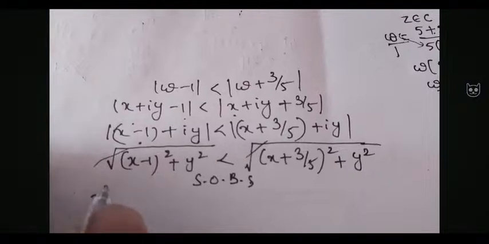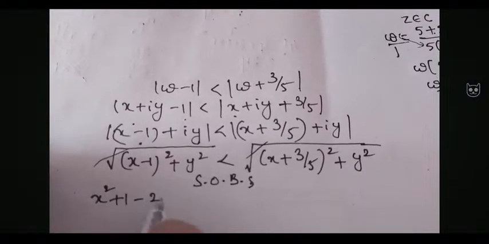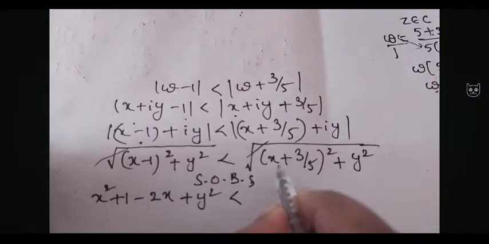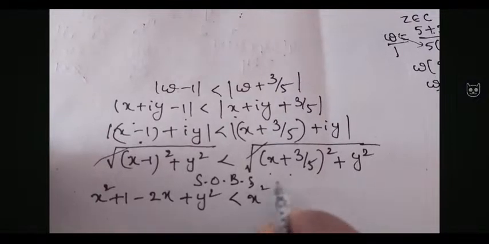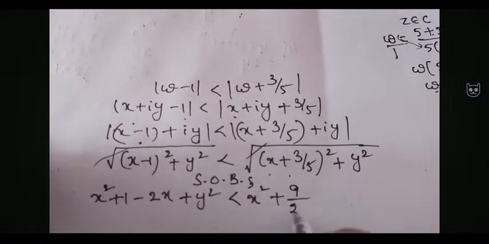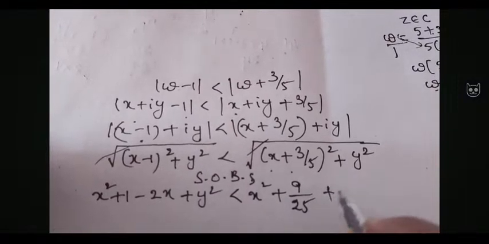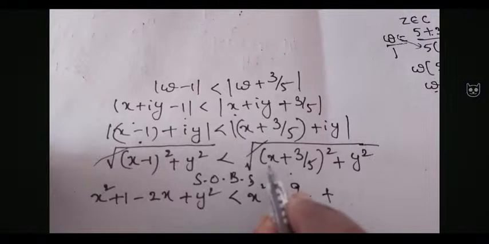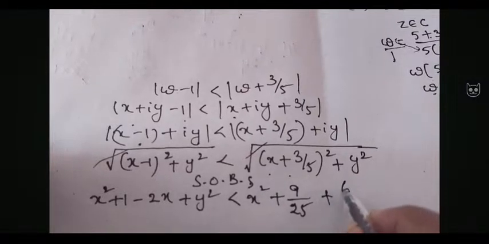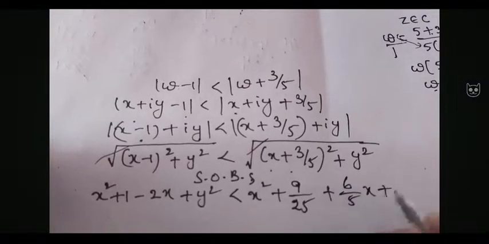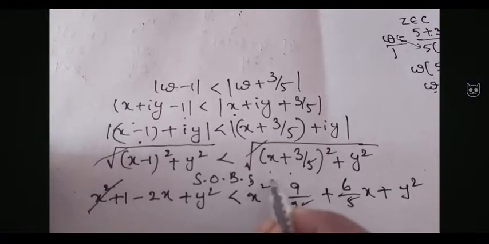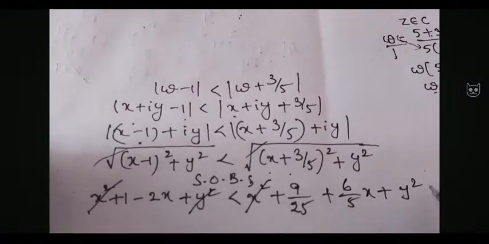That is a minus b whole square, a square plus b square minus 2ab, plus y square, less than, here also a plus b whole square: a square plus b square, 3 square by 5 square, that is 9 by 25, plus 2ab, 2 into a, that is x, 2x into b, 3 by 5, 2 3s are 6, 6 by 5x, plus the remaining y square. Now check on both sides, we have x square cancel, y square cancel.